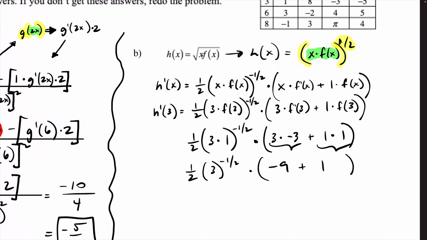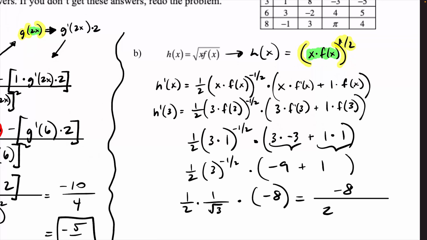Well, 3 to the negative 1/2 power is just 1 over the square root of 3. So this is 1 over the square root of 3. Just leave it as the square root of 3. Don't change it to a decimal, just leave it like that. Times negative 9 plus 1 is negative 8. Multiply straight across. You get negative 8 on top.